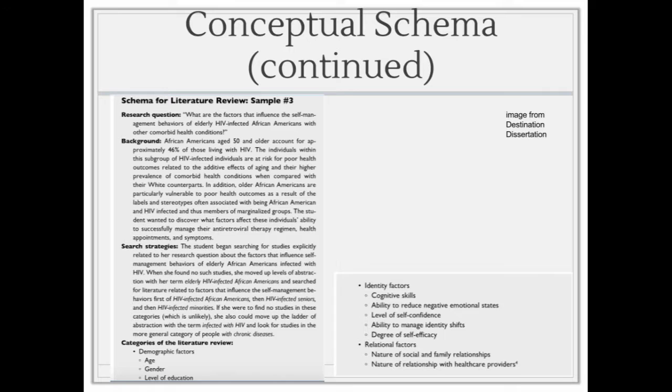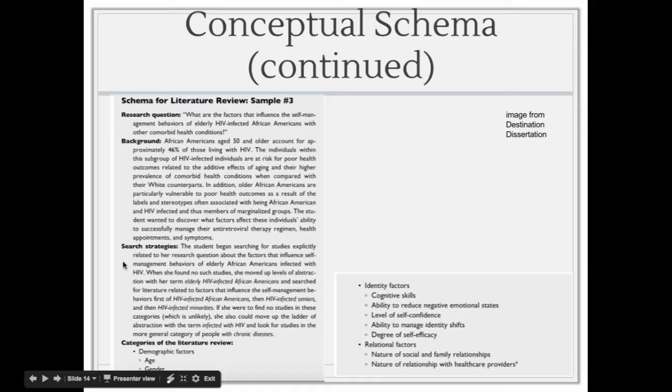Here's an example of a schema for a literature review, sort of more of an overview. So you have your research question. The question in this example: What are the factors that influence the self-management behaviors of elderly HIV-infected African Americans with other health conditions? And you might have a quick background of whatever research you've already done, and then you have the search strategies.